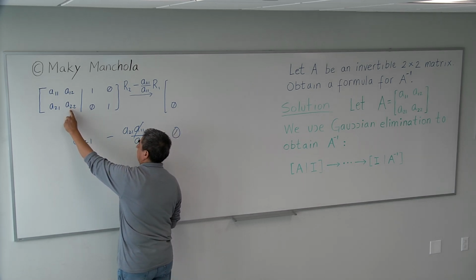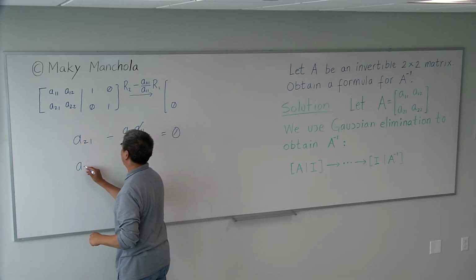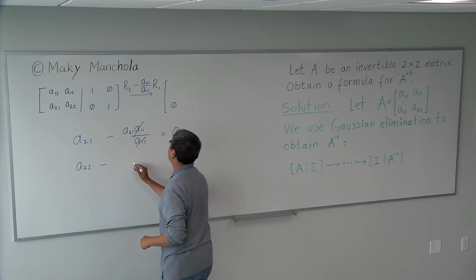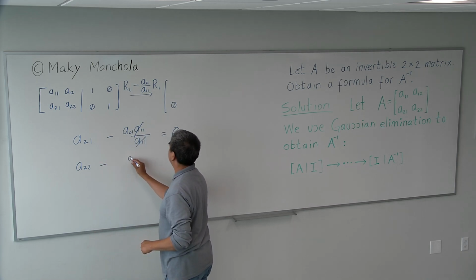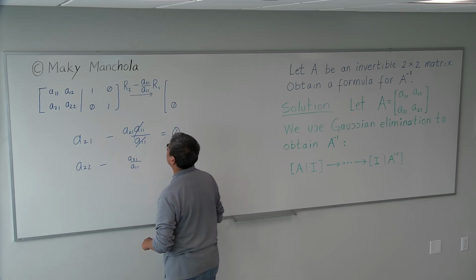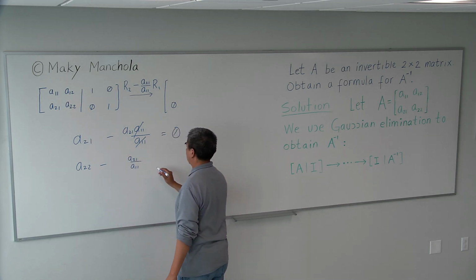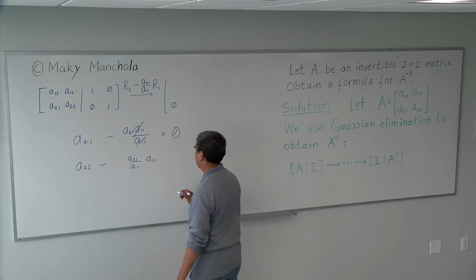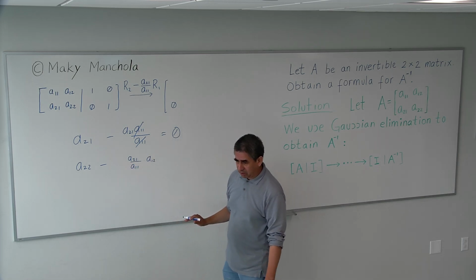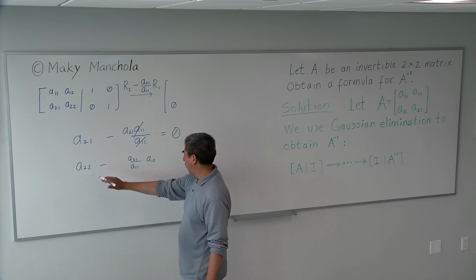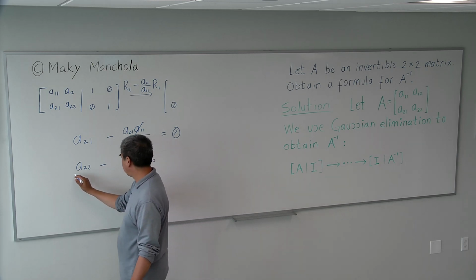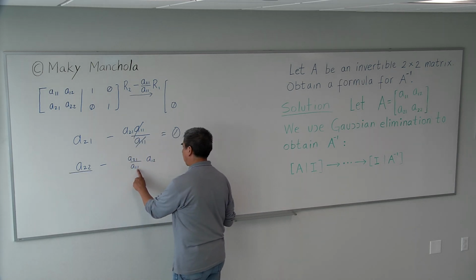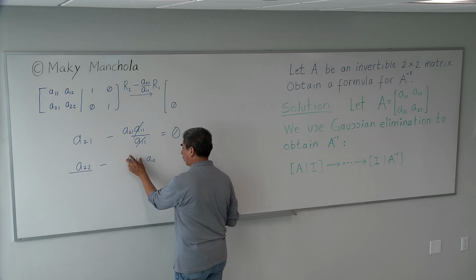Next, I take A22 minus A21 over A11 times A12. To subtract here, we're going to write both expressions as fractions with the same denominator. So this is the fraction A21 A12 over A11.